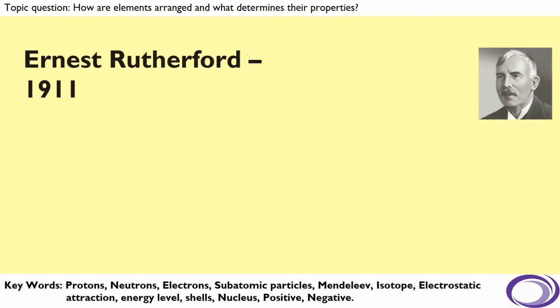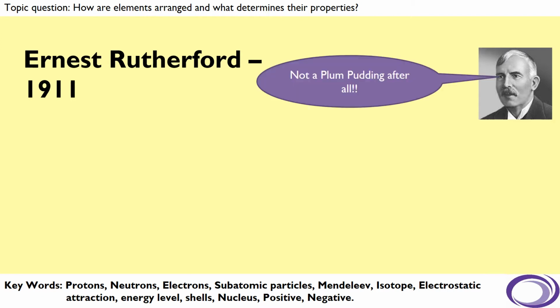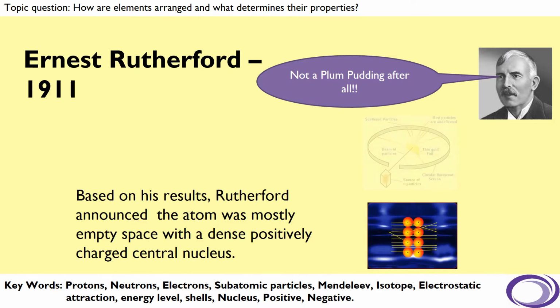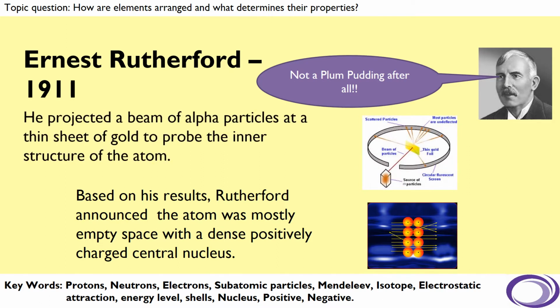A few years later, Ernest Rutherford made a further discovery about atomic structure. He performed an experiment that proved that an atom is not like a plum pudding at all. He found that the centre of an atom was where the mass was mainly concentrated, and that was a dense section of positive charge, and he called that the nucleus.